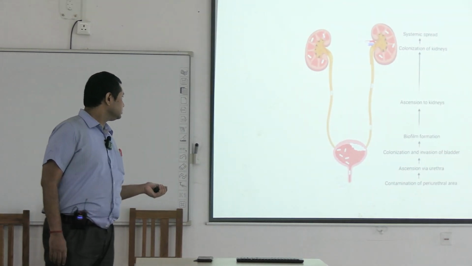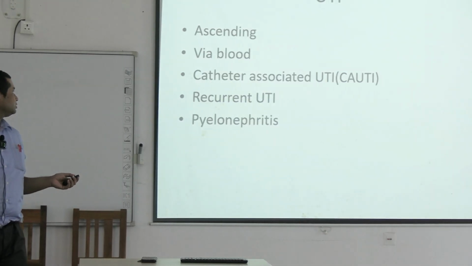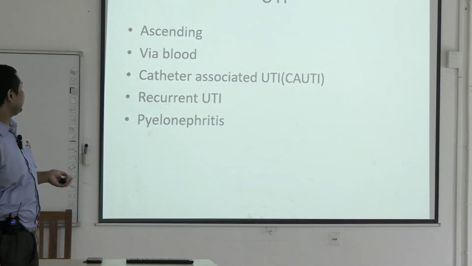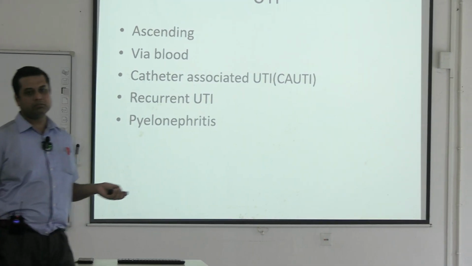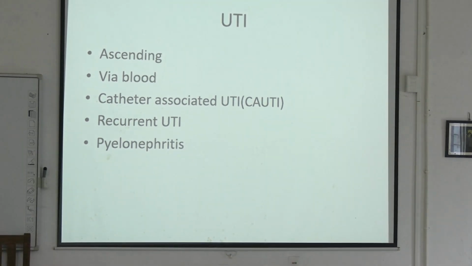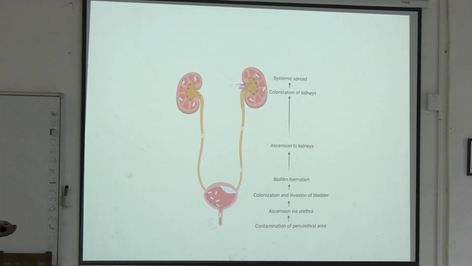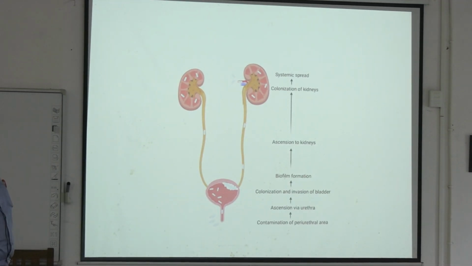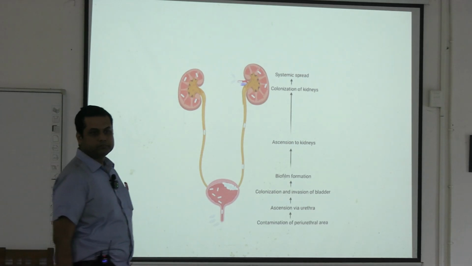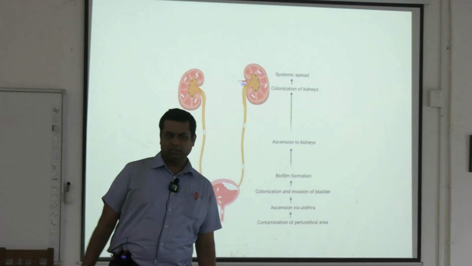So most of the UTIs happen by the ascending route. Ascending route means from the urethra.